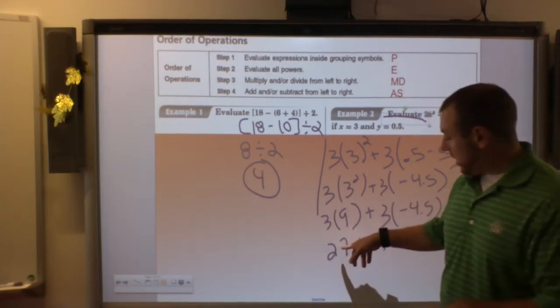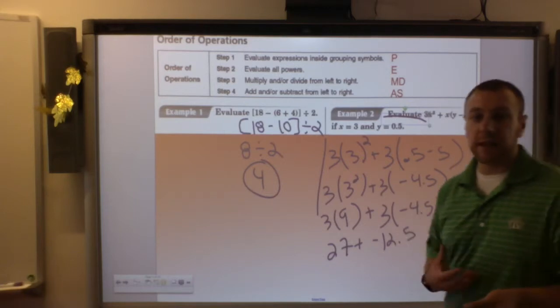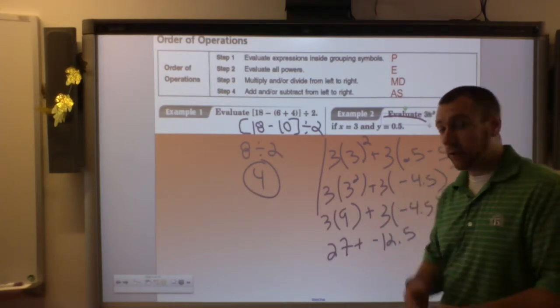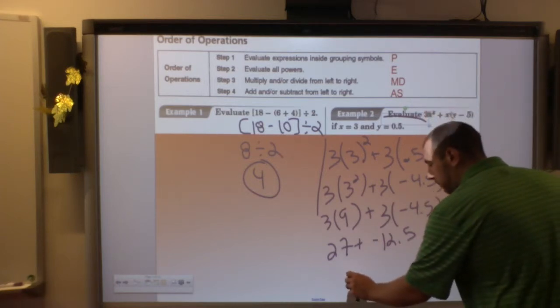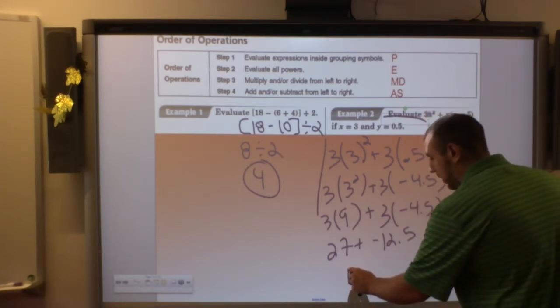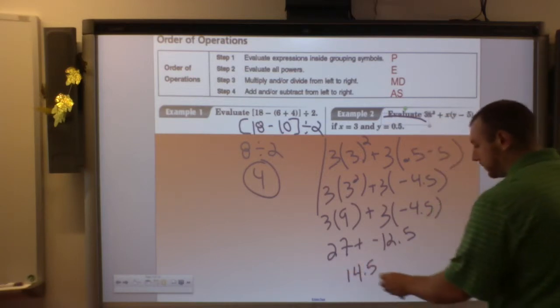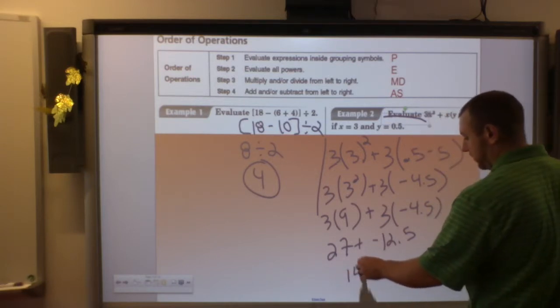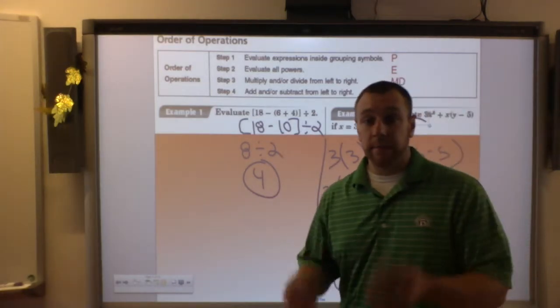Well, now I have 27 plus negative 12.5. Plus a negative is the same thing as minus. So really, I would just subtract these and I would get 14.5 as my result. And that is how I would evaluate that using PEMDAS.